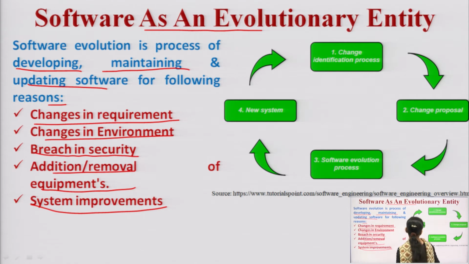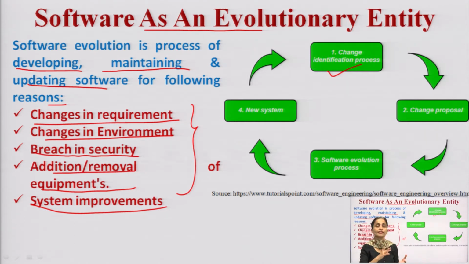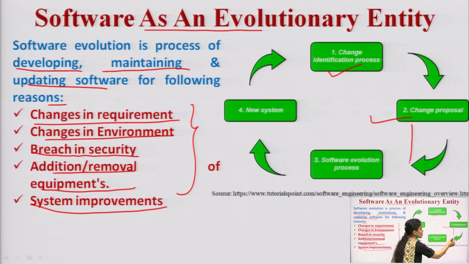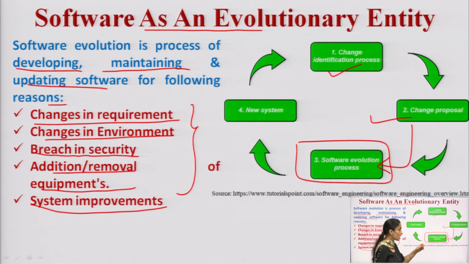If we look at these phases as per the diagram, we start with the change identification process. We start with the change: how many changes are possible in my software. If it is possible, then a change proposal is given. When the change proposal is submitted, the software evolution process comes into the picture, because now I start doing the updates as per this change proposal.